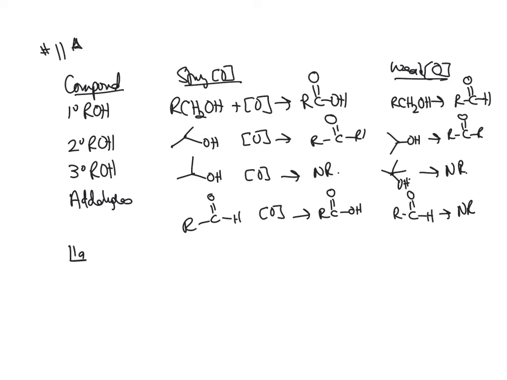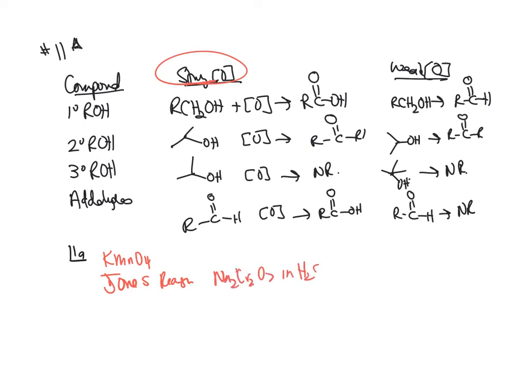Strong oxidizing reagents. Okay, so we're looking at potassium permanganate, or that's a Jones reagent. You could call that Jones reagent, which is the sodium, chromium, and sulfuric acid. Okay, so Jones reagent.